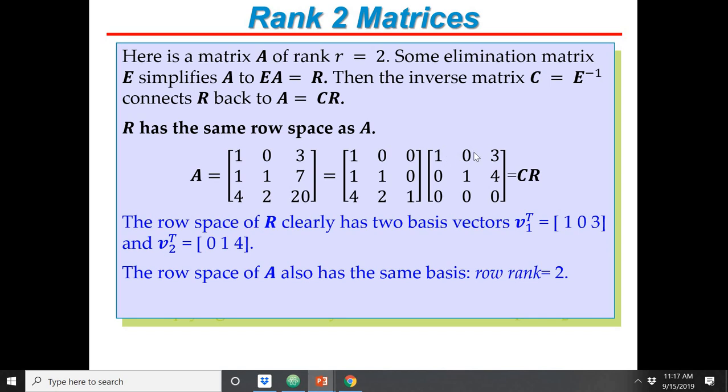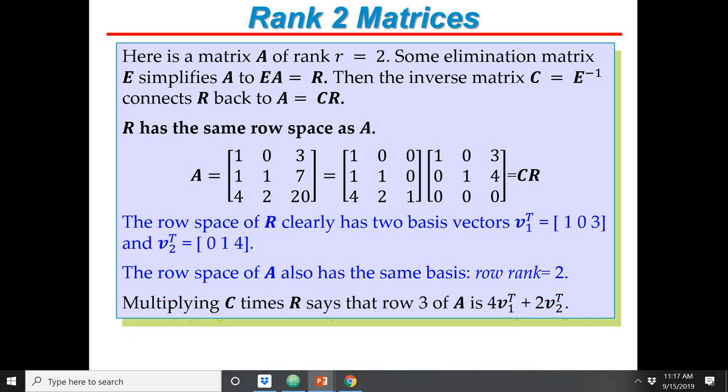I'm going to go a little bit further and call the first row of the row reduced matrix V1 and the second row V2. And remember, those 2 rows form the basis of the row space of R, and of the row space of the matrix A.